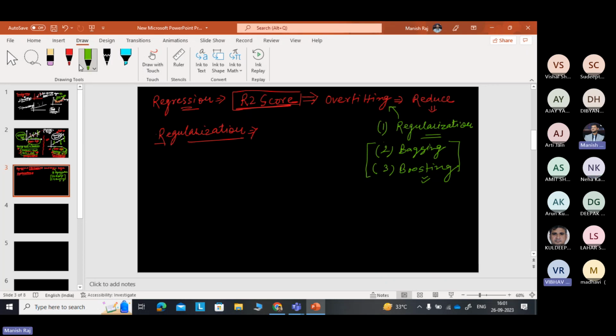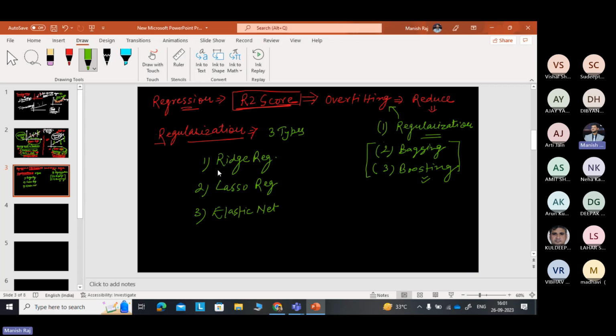We have three types of regularization. One is ridge regularization. Second is lasso, and third is elastic net. Somewhere you have done this thing.